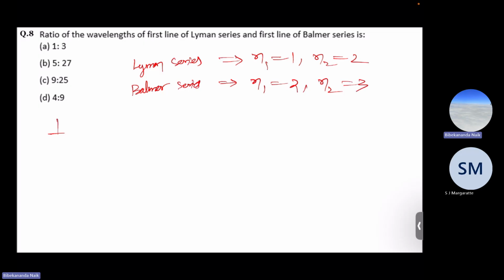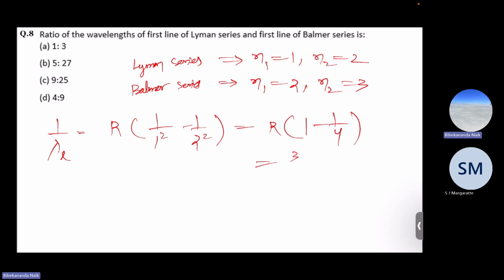So 1 by lambda Lyman will be R into 1 by 1 square minus 1 by 2 square, which is R into 1 minus 1 by 4, which is 3R by 4. So 1 by lambda L is 3R by 4, or lambda L is 4 by 3R.